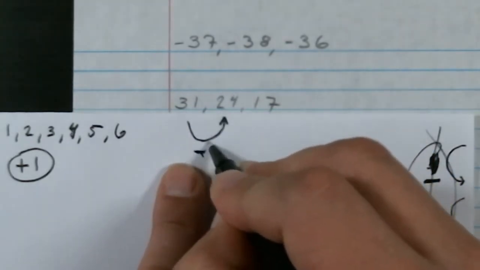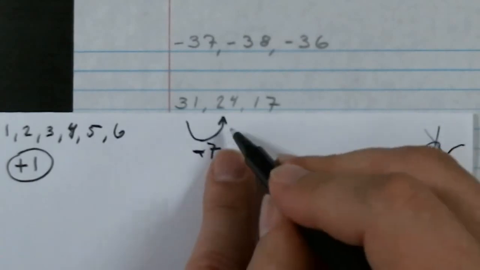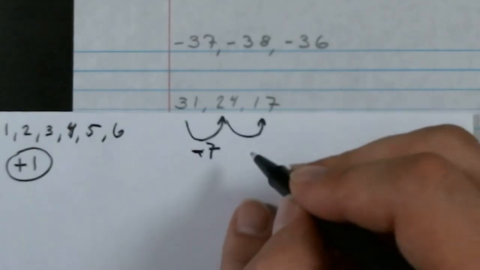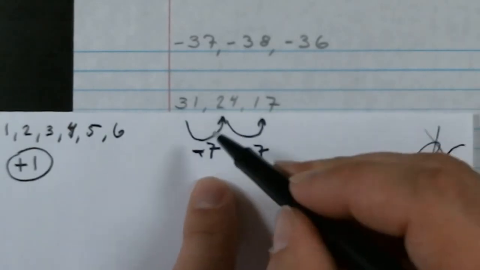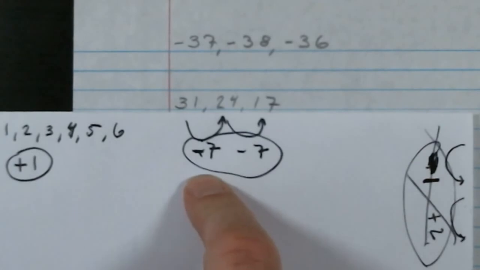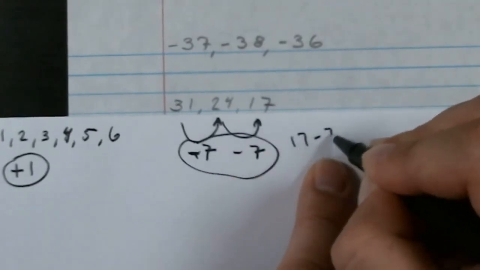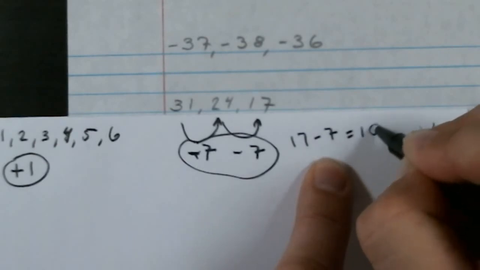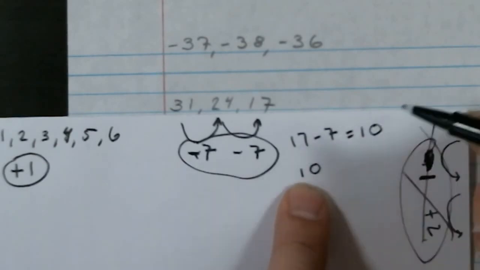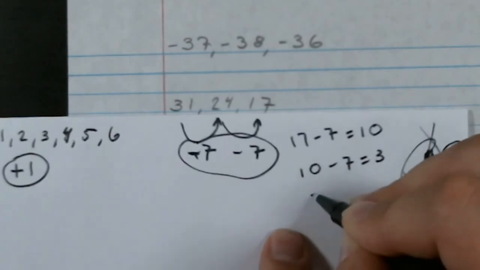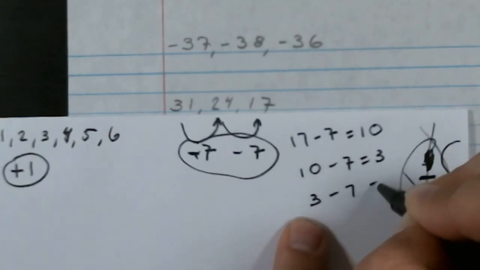What about 24 to 17? That's also negative 7. So it looks like we have a rule. All right, so we have 17 minus 7, which is 10. We have 10 minus 7, which is 3. We have 3 minus 7.